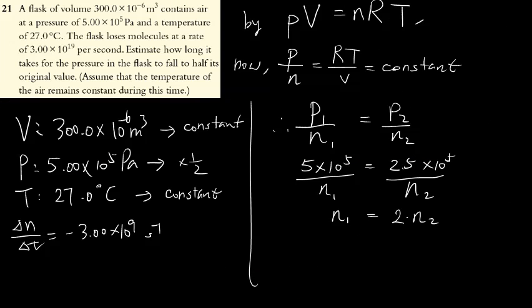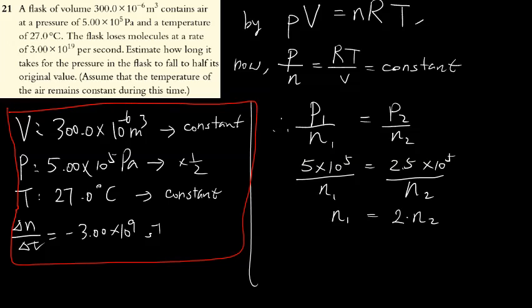Next question is slightly long but not very difficult, so make sure you follow me. The first step again is to write down all the things you know, which I put a square around here. The volume is something that you know from the question, I put it here, and then after that is the initial pressure, I put it here, and then the initial temperature, I put it here.